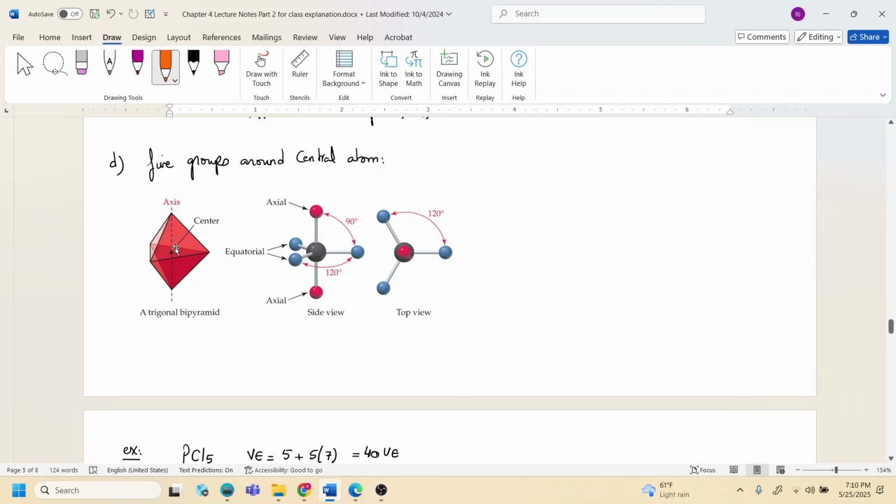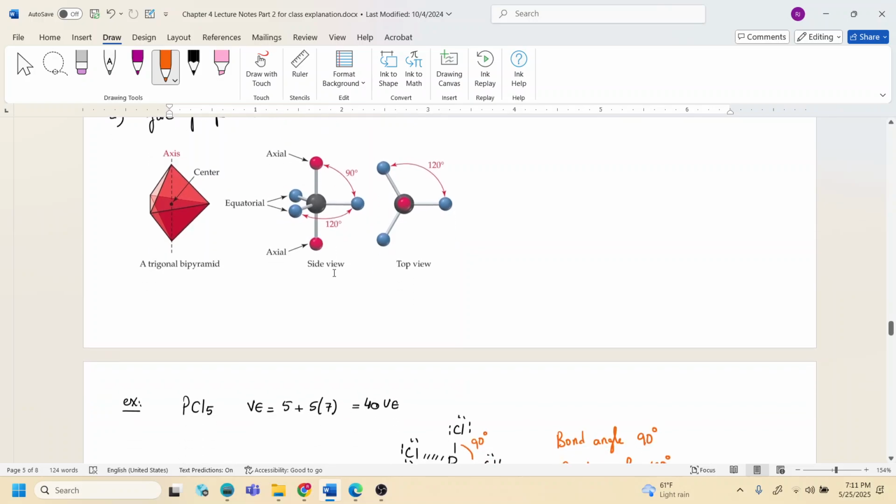I did put the shape in 3D, and I'm showing it to you as a stick model just to see that you do have 1, 2, and 3 groups around the central atom that belong to one plane, and another two groups in here that belong to another plane. So you do have two different planes, and this means that you have two bond angles. You have the 90 and you have the 120. These are the two bond angles there.